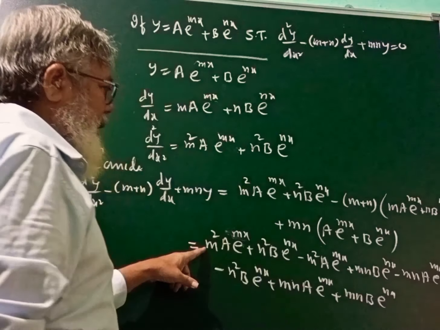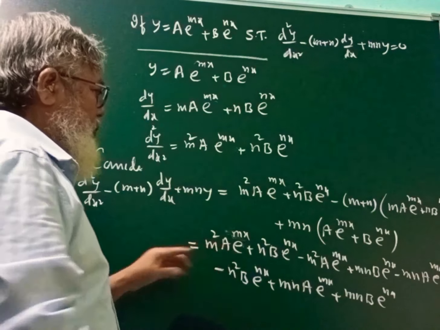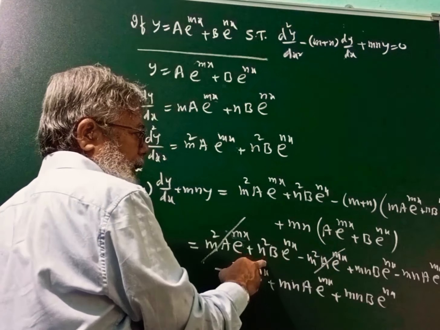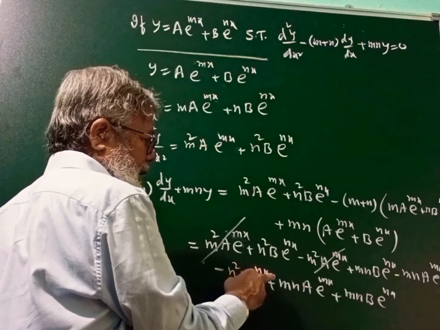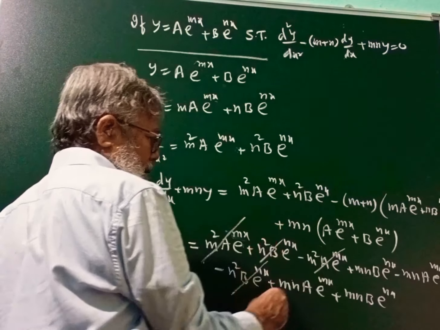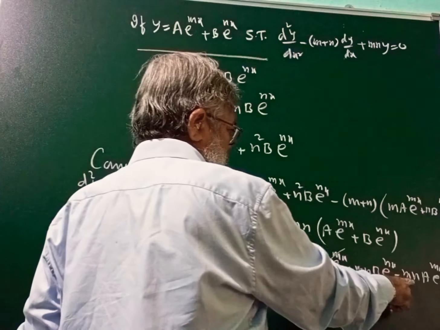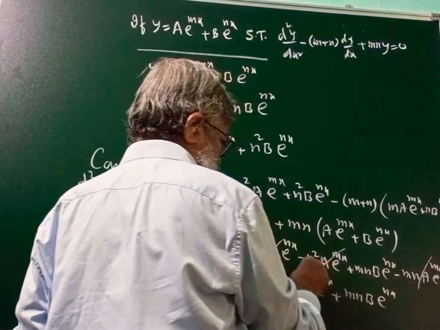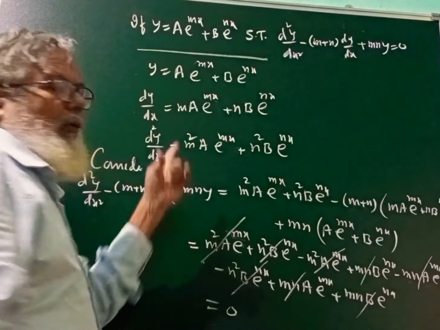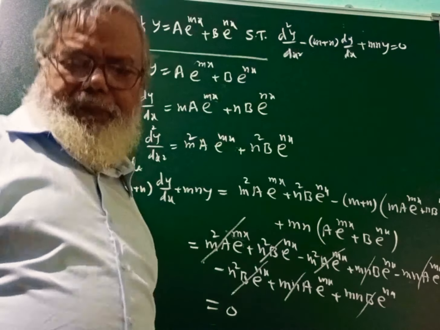Now m square a e raised to mx cancels with this here. N square b e raised to nx cancels with this. And here you can see mn a cancels with this, and the others cancel. The answer is 0. Therefore, the given problem is proved.